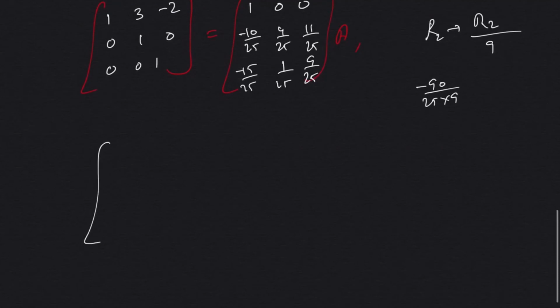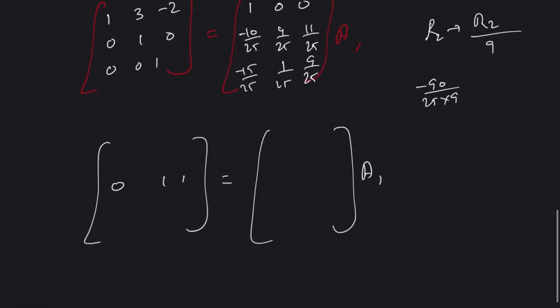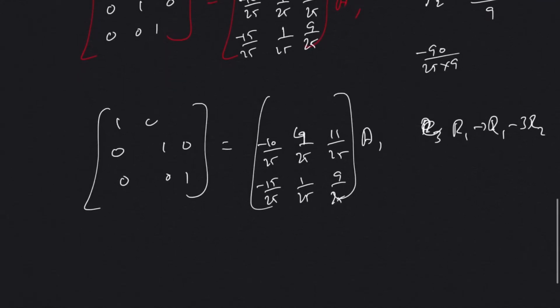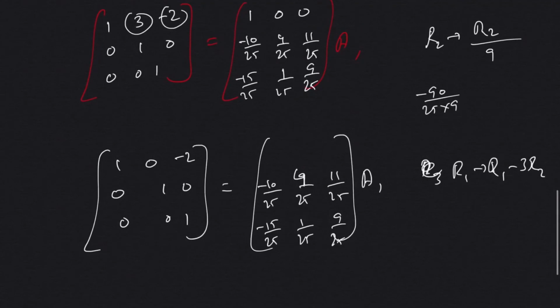So now you can see that 2 rows 2 columns are already done, so that's almost done. 0 0 1, minus 10 by 25, 4 by 25, 11 by 25, minus 15 by 25, 1 by 25, 9 by 25. So now here R1, I will apply R1 minus 3 times of R2. Now focus on this one step at a time.